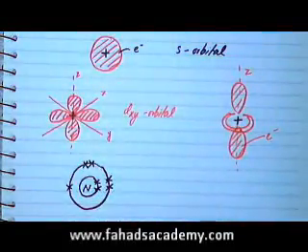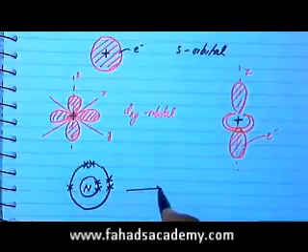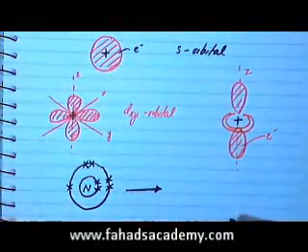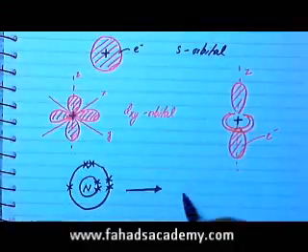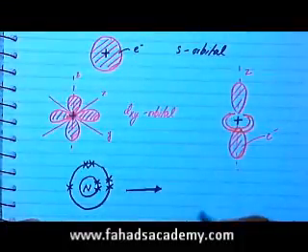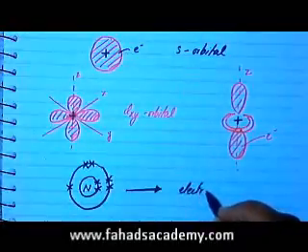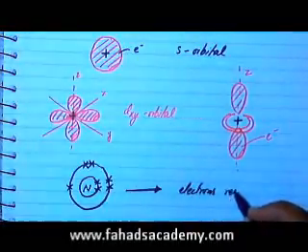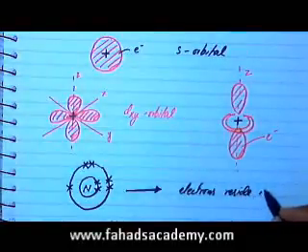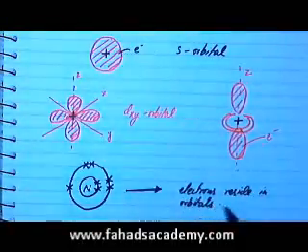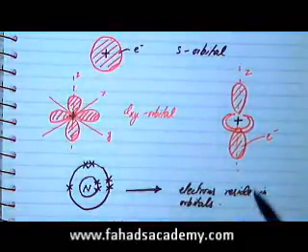Now we're going to take this concept and turn it on its head, and show that electrons, instead of residing in specific shells, basically reside in orbitals, and they don't orbit, they don't move around.